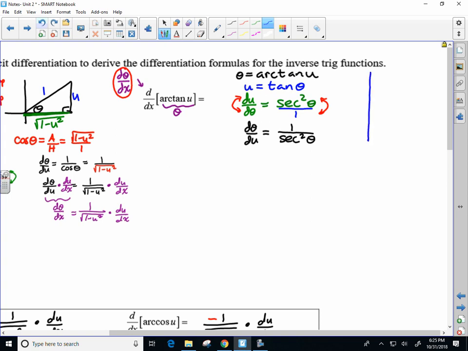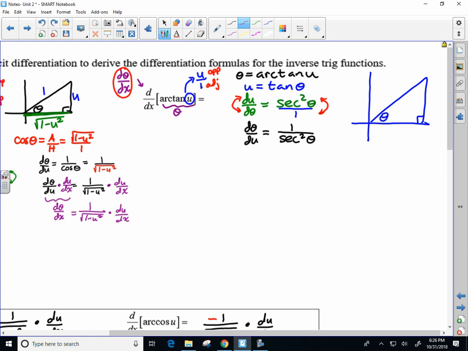So, anyway, try to make a reasonable looking line. Triangle. Theta. Again, we have a u here, which is u over 1, but it's a tangent ratio, which is opposite over adjacent.